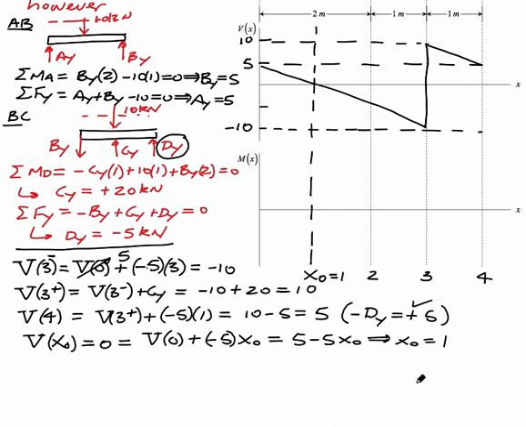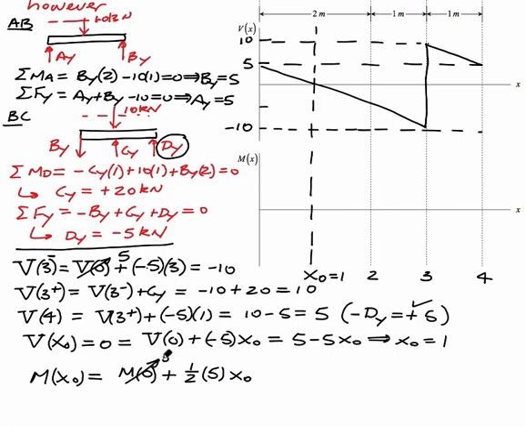So what I will say is that the bending moment at that value of x naught is equal to M on the left side plus the area under the shear force curve, which is 1/2 times 5 times the base there, which is x naught.